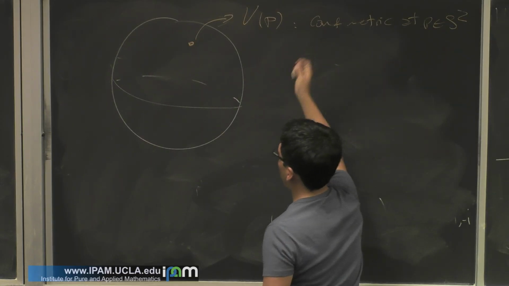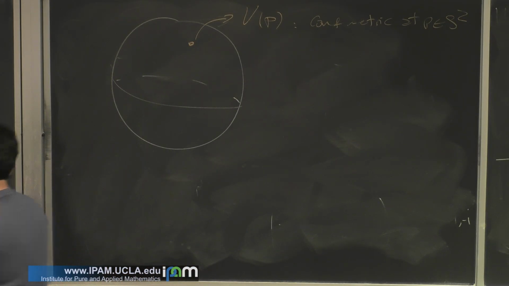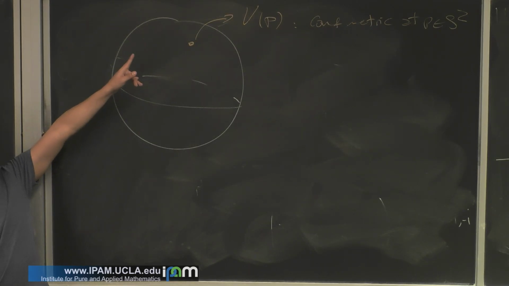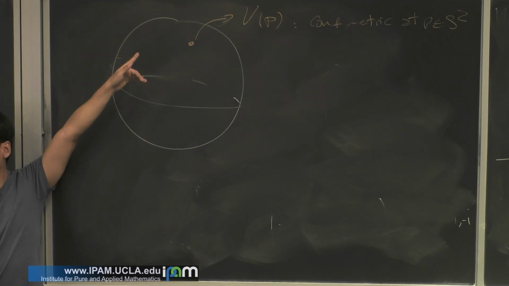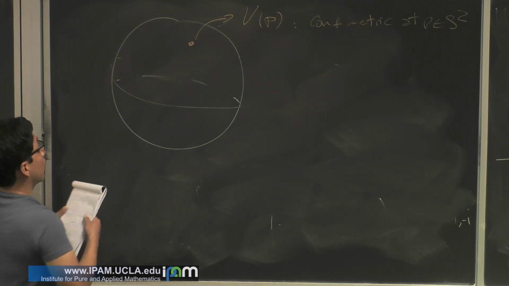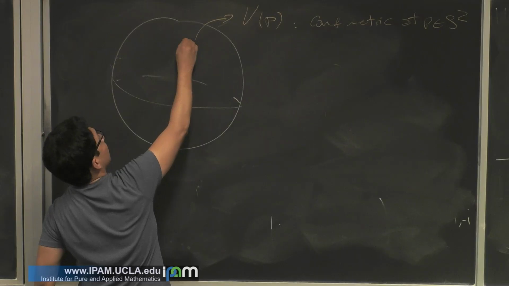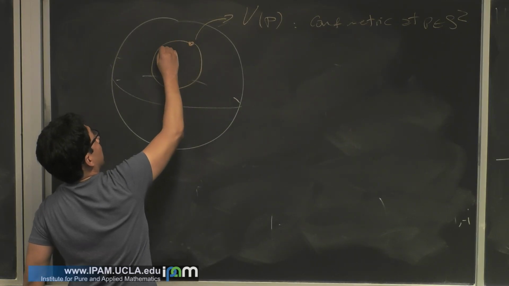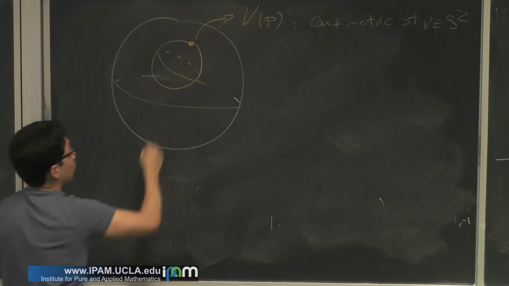So I just fix a conformal factor with respect to the round metric, if you wish. And now I wonder what is the set of points that will see this point at infinity exactly with that metric.